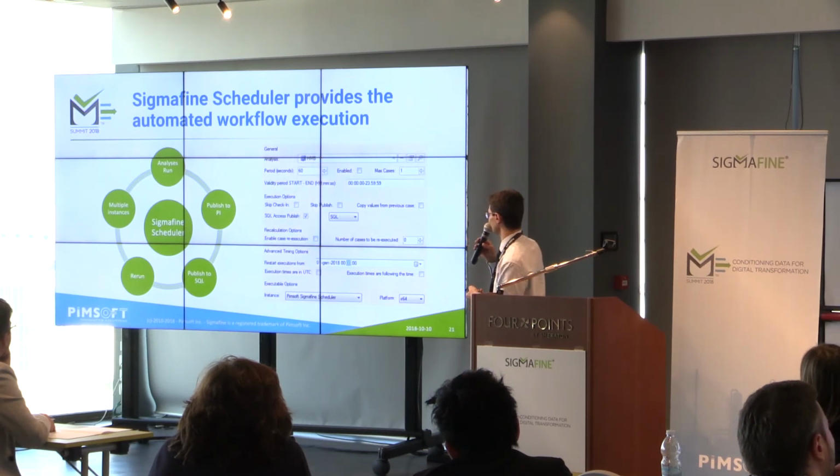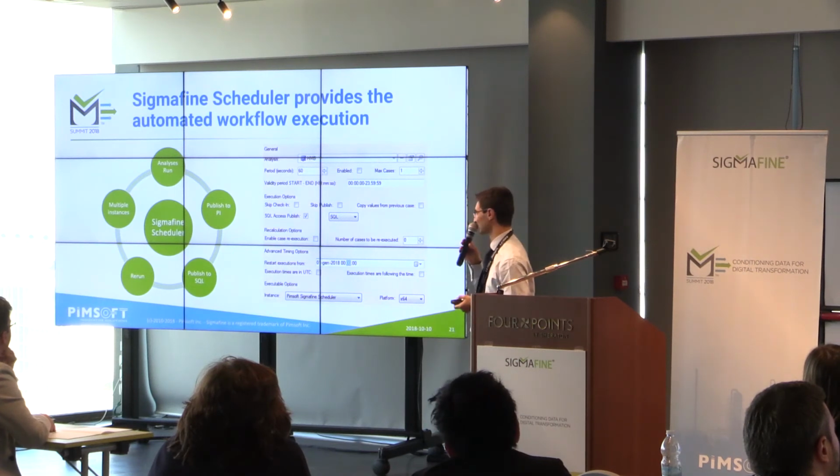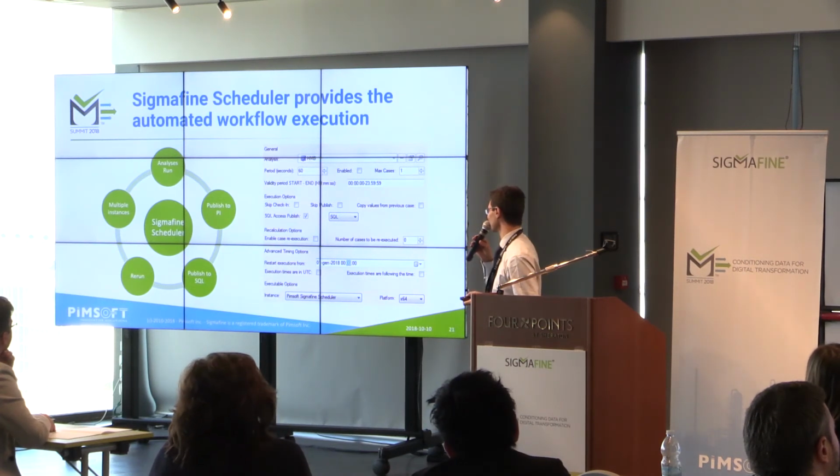And this is the configuration window of the scheduler. Then if you have questions on the details of all this window, you can ask after at the pods. I think there are people that can tell you all the details.